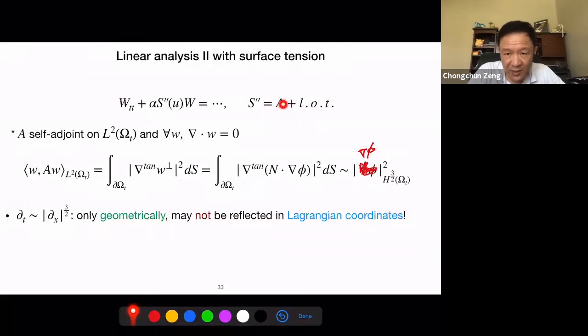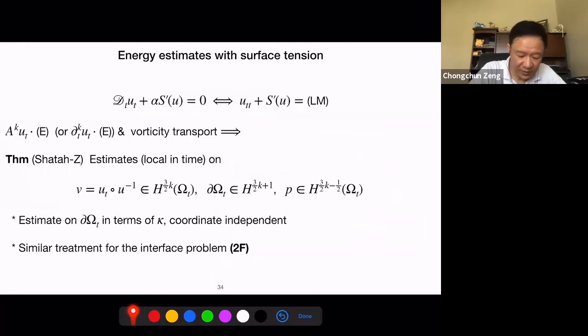We apply this operator to the equation many times, enough number of times so that we can do the estimate. Applying A is pretty much like applying partial t. So an equivalent way to do it is to take the time derivative of the equation and then do the usual energy estimate.